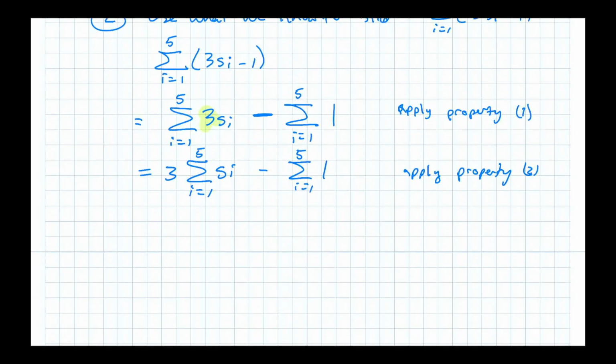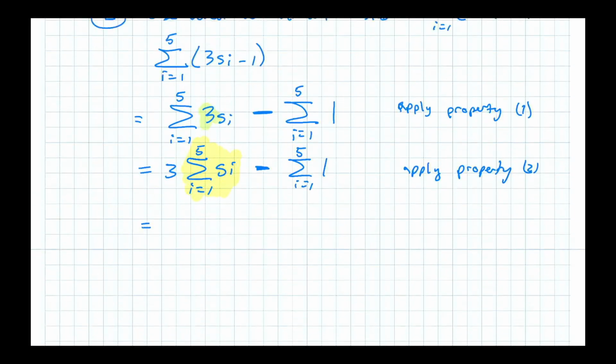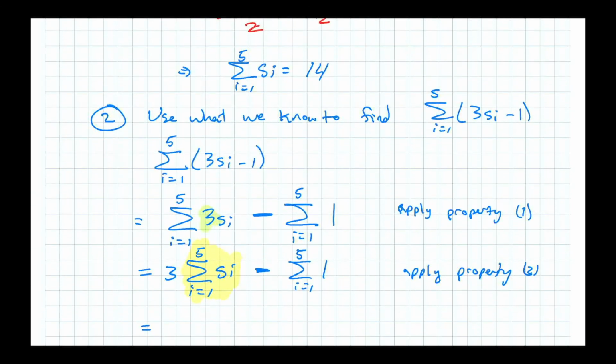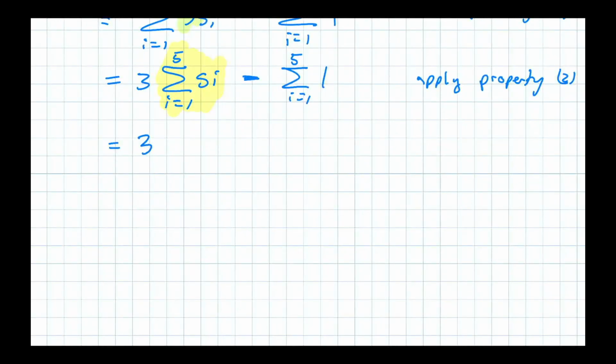And we should be able to figure these out, right? So this one right here, what is this? We figured that out already, didn't we? We figured out in the first step that it was actually 14. The thing that I highlighted was 14. So you go 3 times 14, because we already calculated it.